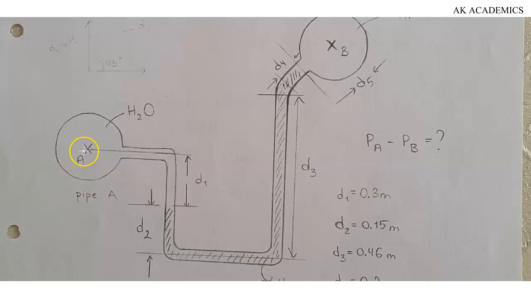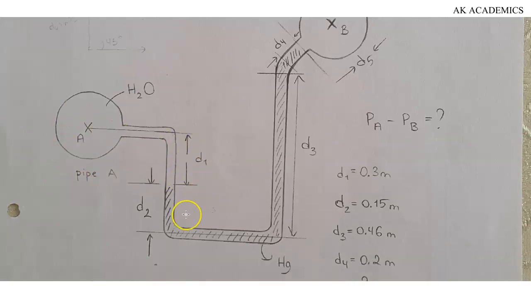So you have the pressure at point A, plus the pressure of water due to this height, plus the pressure of mercury due to this height D2, plus the pressure of mercury due to this height D3. Because we are flowing downwards, the pressure of water at this level will be positive because the pressure is downwards. The pressure of mercury at this level would also be positive because it is downward.